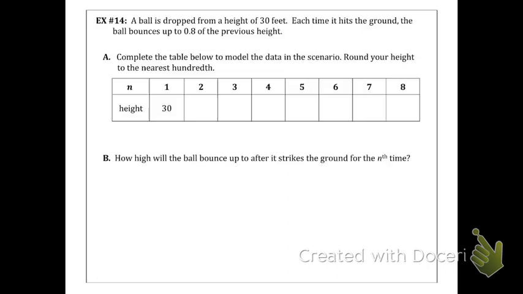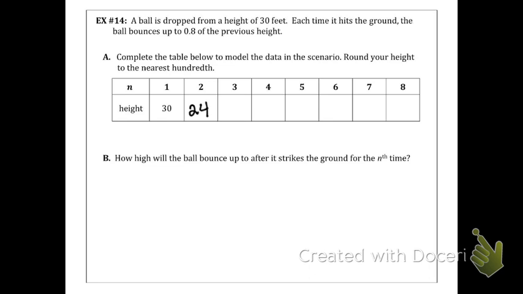All right, example 14 says, a ball is dropped from a height of 30 feet. Each time it hits the ground, the ball bounces up to 0.8 of the previous height. Complete the table below to model the data in the scenario. Round your height to the nearest hundredth. All right, so the first bounce is 30. It's going to go 0.8 of that. So 0.8 times 30 is 24.